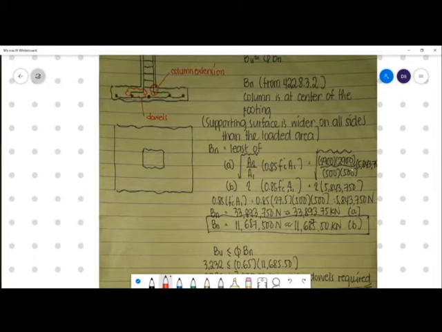If we apply the factors to our computed force, B sub n is equal to 33 million for formula A, 11 million for formula B. So we use this value, the boxed one.